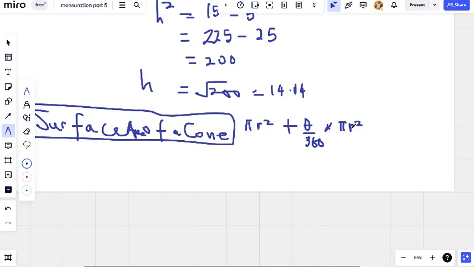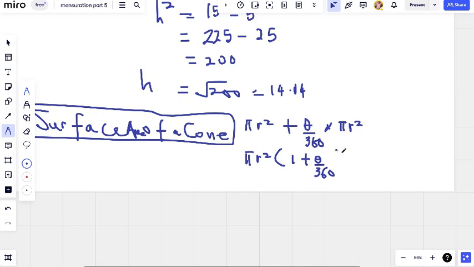If you look at this, we have pi r square, we have pi r square. We can factorize the pi r square out. We now have pi r square into 1 plus theta over 360.